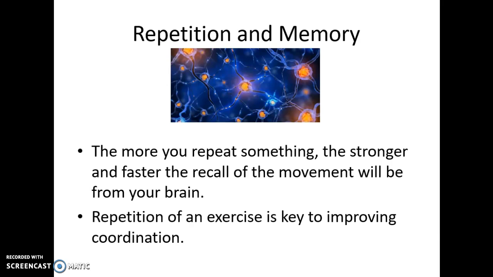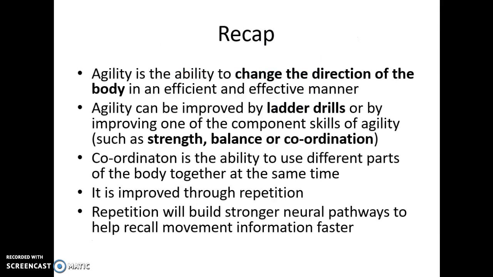Maybe you can't whip your head around as quick as you used to. Maybe you're too busy thinking about your leg position and you lose your spotting or your arm position. So it's all about repetition and keeping those neural pathways really strong so that we're able to recall that information really, really quickly. So let's have a lovely recap of all that information.